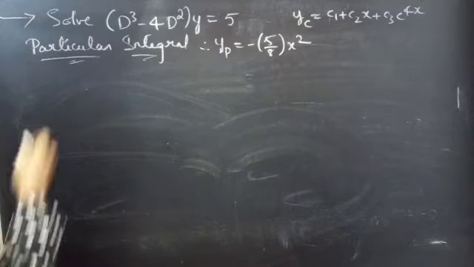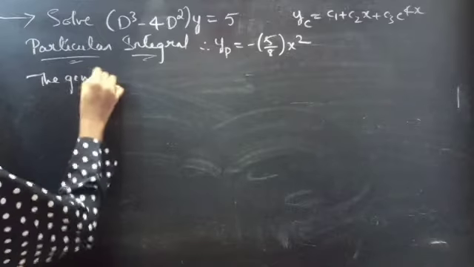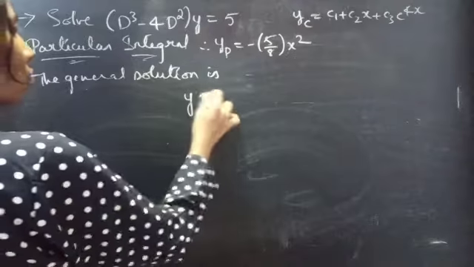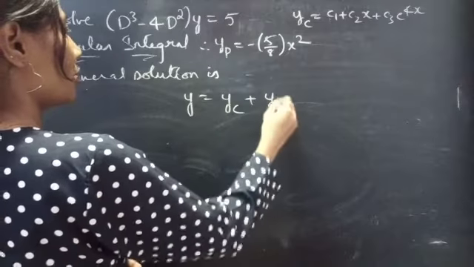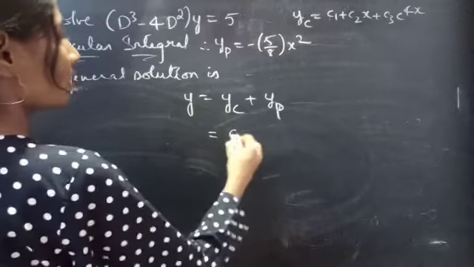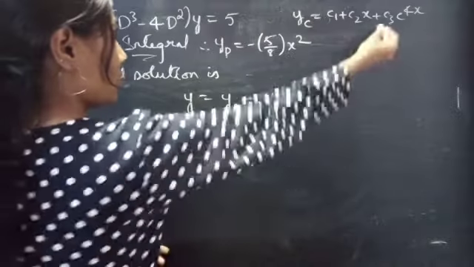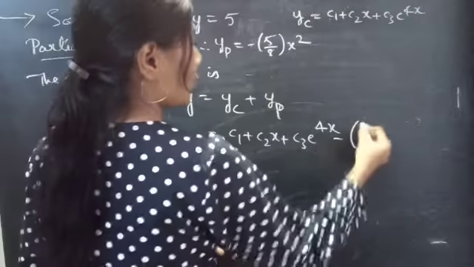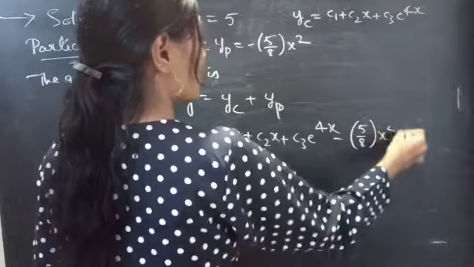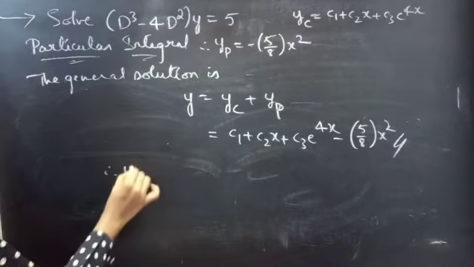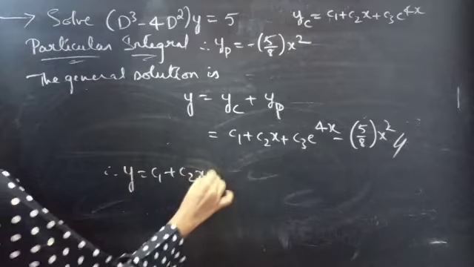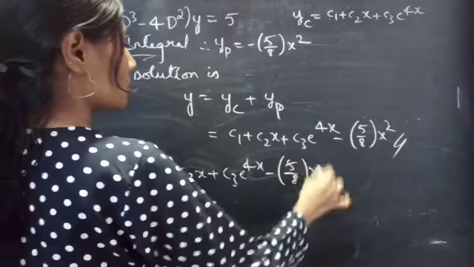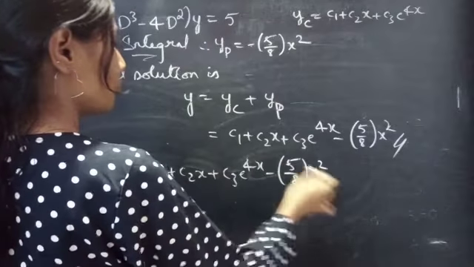Therefore, the general solution is y equals to yc plus yp, complementary function plus particular integral, which is equals to complementary function c1 plus c2x plus c3 e power 4x, and yp is minus 5 by 8 into x square, right? Therefore y equals to c1 plus c2x plus c3 e power 4x minus 5 by 8 into x square is the required solution.